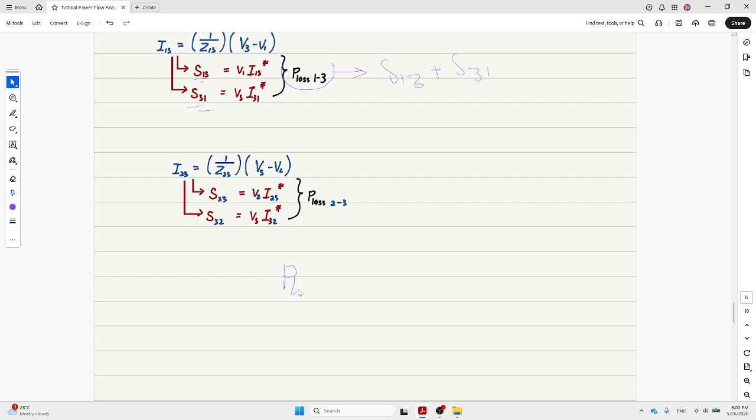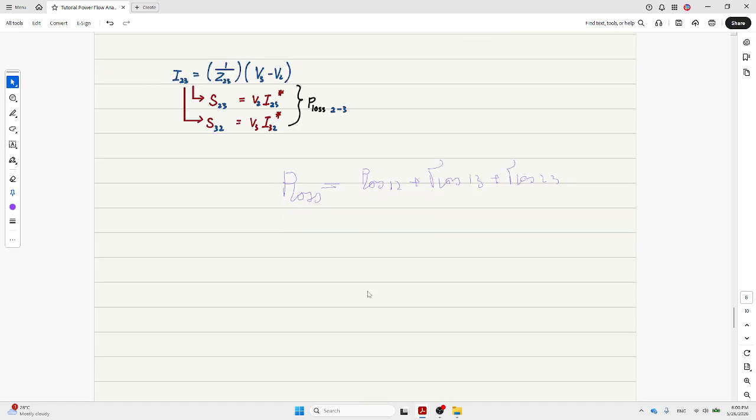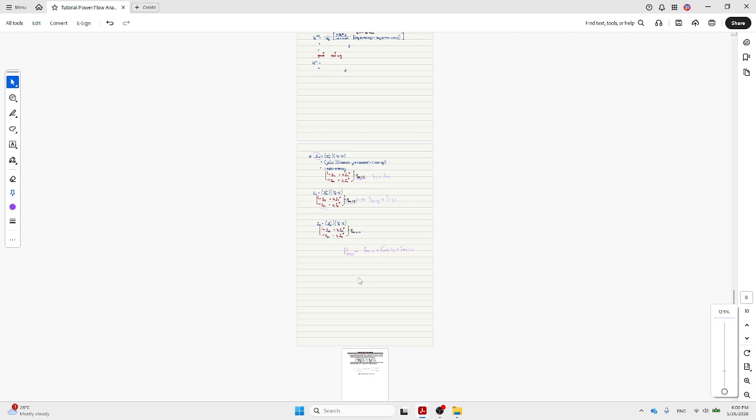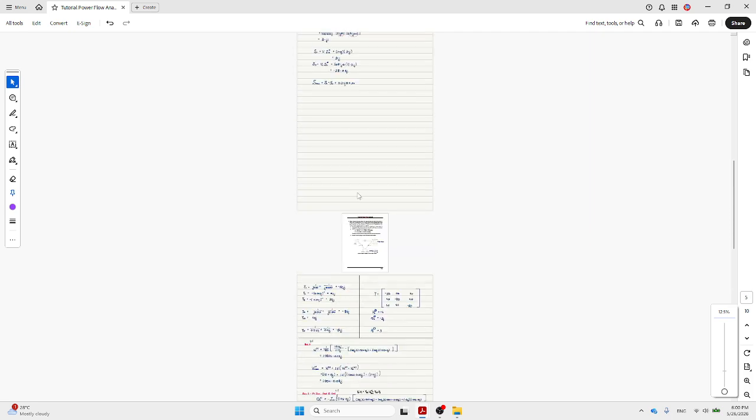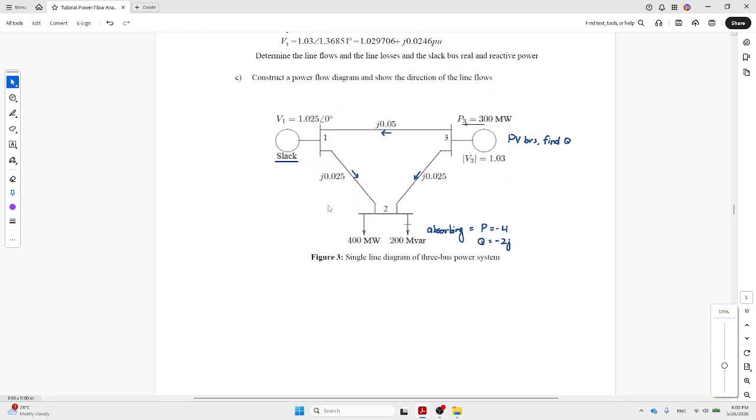So the final P loss is P loss between bus 1 2 plus P loss between bus 1 3 plus P loss between bus 2 3. This is the final P loss you can calculate by yourself. And next one, determine the flow diagram of that one.